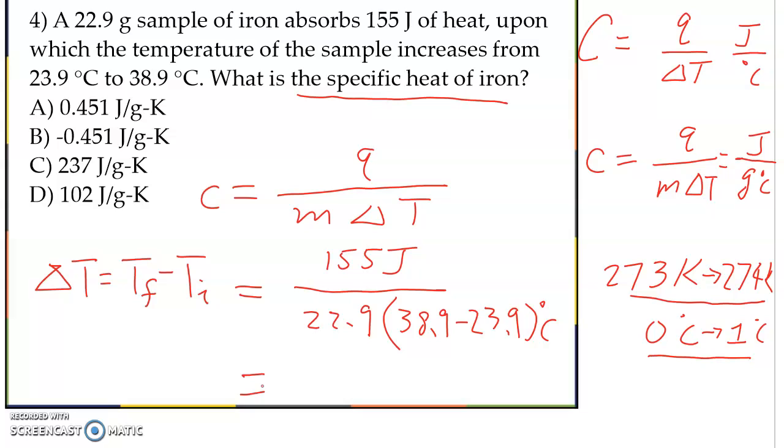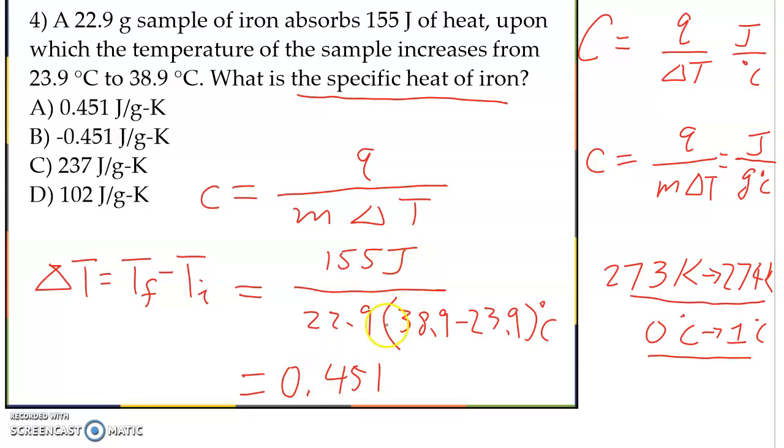So 155 divided by 22.9 times 38.9 minus 23.9. What I get is 0.451.